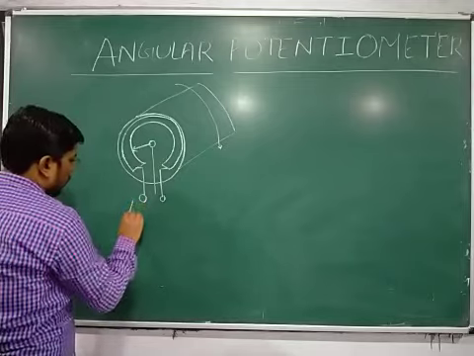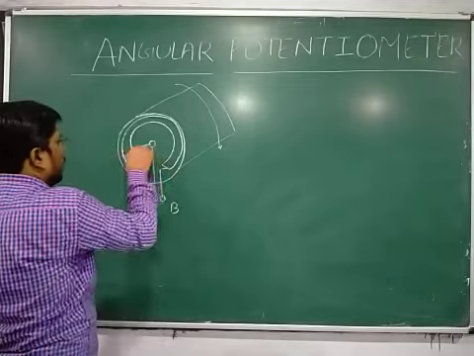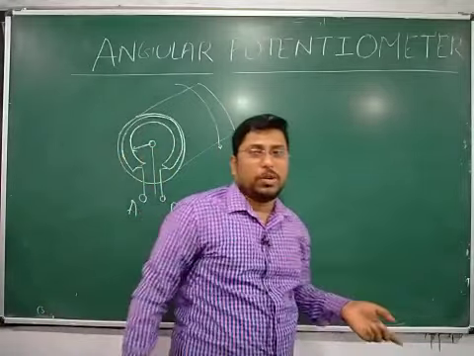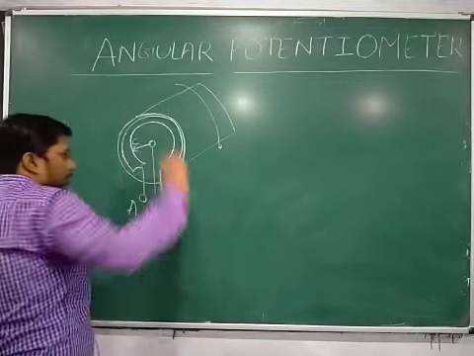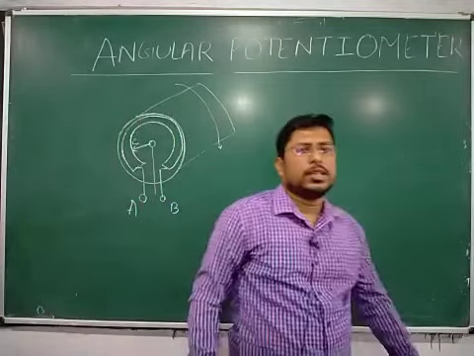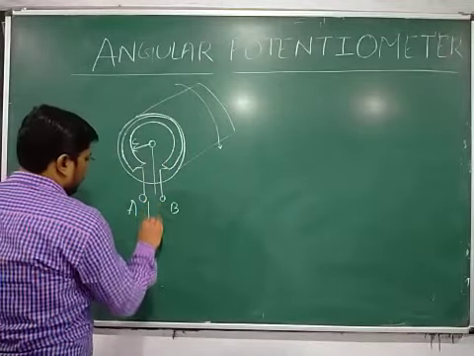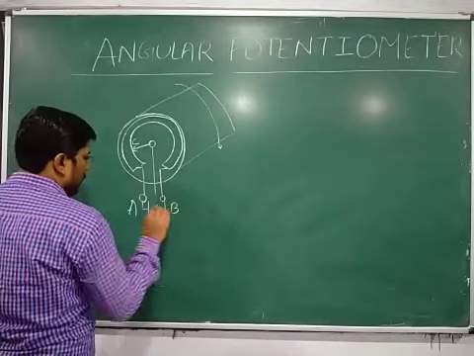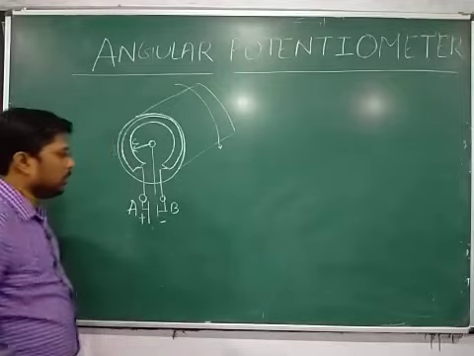This is terminal A, this is terminal B, and this is the slider or wiper, same as in the linear potentiometer. This point is C. Suppose this is the positive terminal and this is the negative terminal.